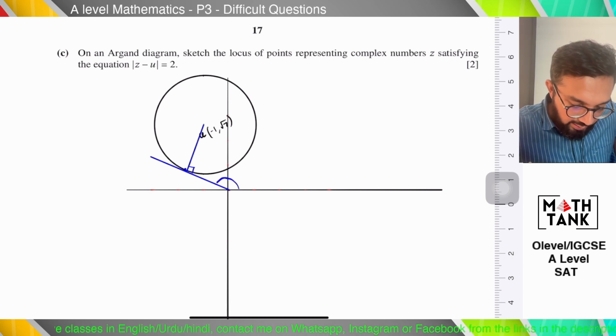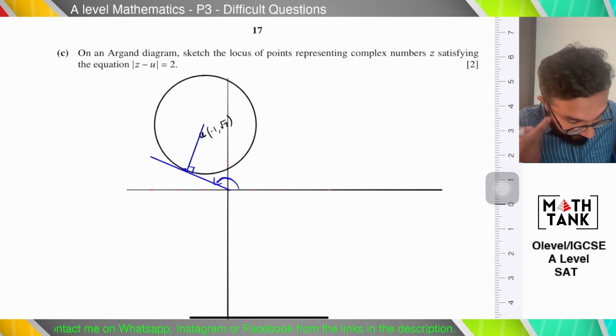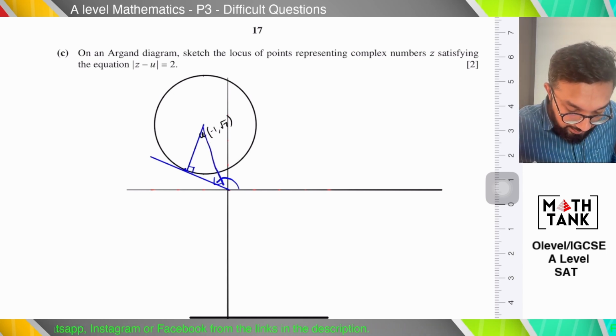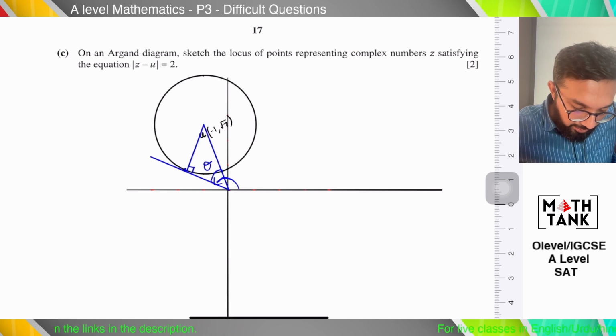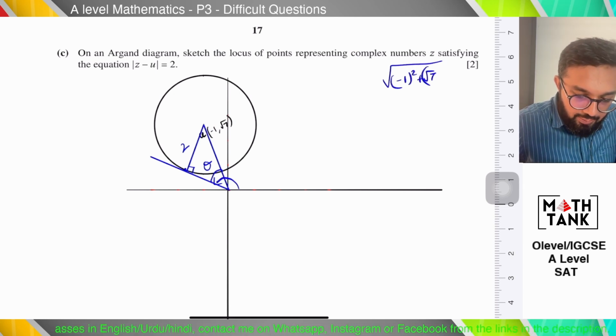What I'm trying to find is the entire argument. Okay, but in order to do that, I'm going to split up the circle and say that first I have this portion and I'll call that theta. This distance is 2, and I can find the hypotenuse. I can say that the hypotenuse is basically minus 1 squared plus root 7 squared.